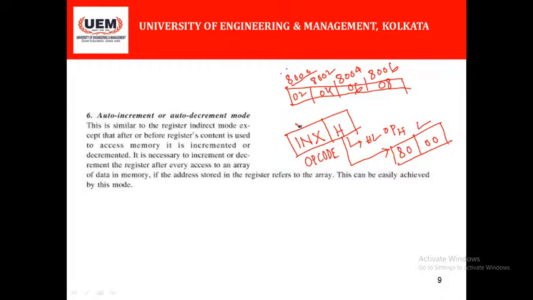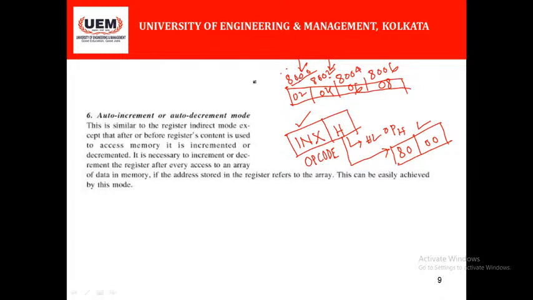Whenever I perform INX H, the value of HL will automatically be incremented by the offset. What is the offset value? The offset value is the difference from the current position to the previous position. Current position address is 8002, previous position address is 8000.